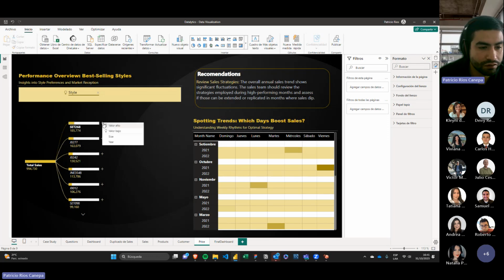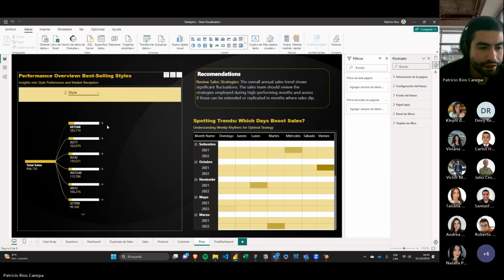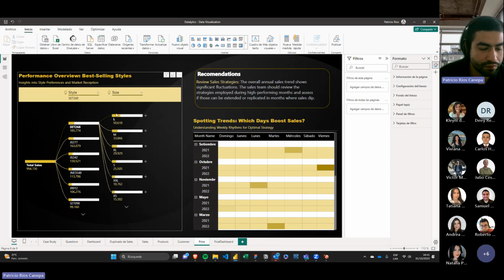But I also want to know how the styles are composed by size. So the best performing product was most bought in size M. Well, I'm sorry, size L. What you're seeing is 50,000 pieces sold in size L. So this really helps you understand the composition of your variable.